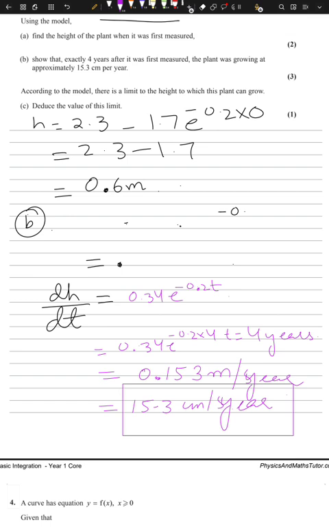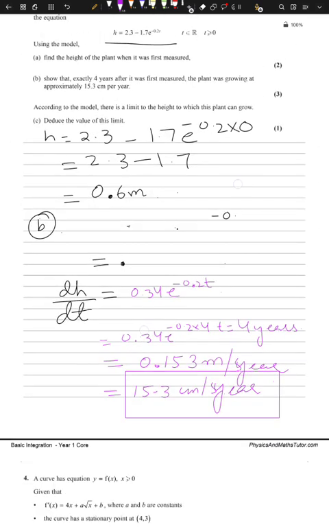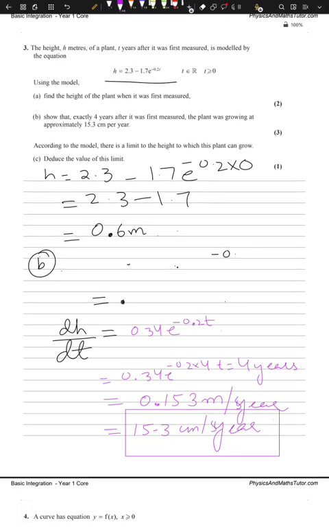Okay? According to the model, there is a limit to the height to which this plant can grow. Deduce the value of this limit. Okay, limit means there's a maximum value of h, right? How can we get the maximum value of h?